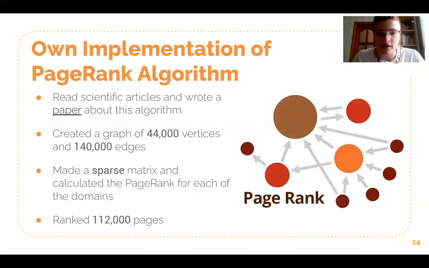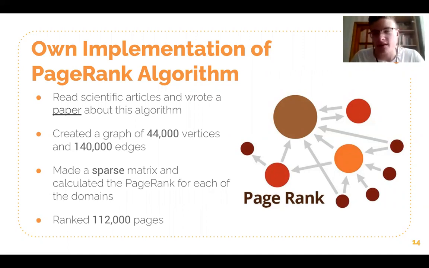Also, a great part of our project was our own implementation of the PageRank algorithm. In general, PageRank is an algorithm which is used by Google to rank domains in the search engine. We also wanted to add this algorithm to our project, but we understood that it is a really difficult mathematical task.